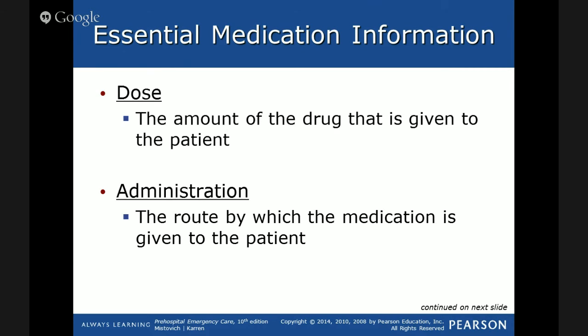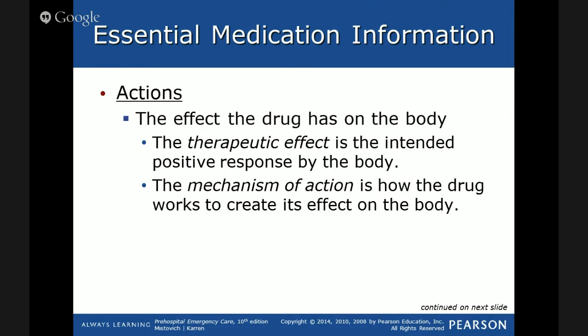We give one tablet at a time. Administration is the route by which the medication is given. You have to know the correct way to get the medication into the patient's body based off of its form. So for nitroglycerin, what is our route of administration? Sublingual, awesome.